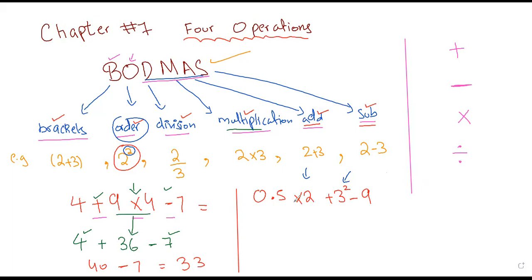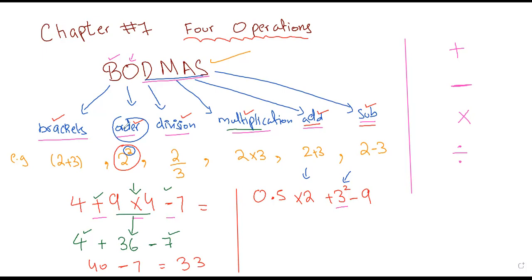Okay, very good. First we'll do 3 to the power 2. Why 3 to the power 2? Because the very first thing in the question which we have is order. We don't have brackets, so we have to talk about order.